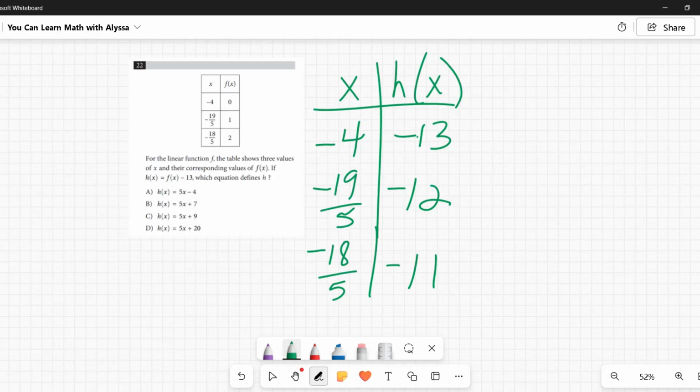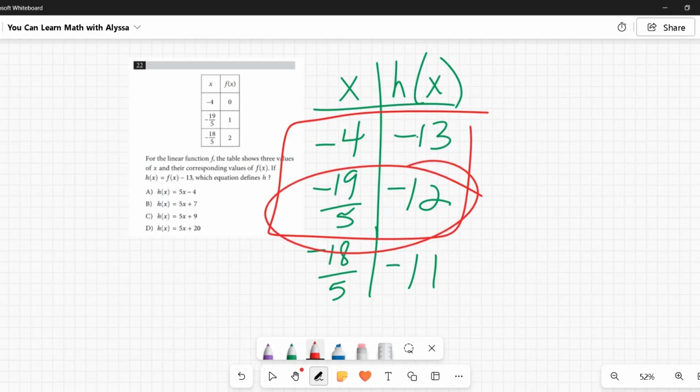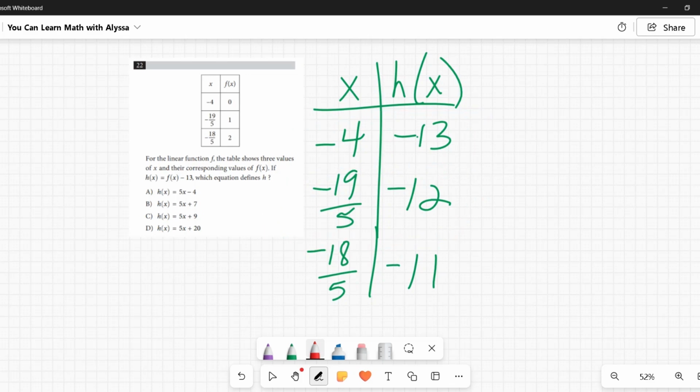Now I do the same exact thing that I did before to find the equation for this function. I need to find the slope, then I need to find the y-intercept. Slope is change in y over change in x. I'm going to use those top two again, and this time I'm going to start with this and go this way, by which I mean I have my two ordered pairs, -4, -13, and -3 4 fifths, and -12.